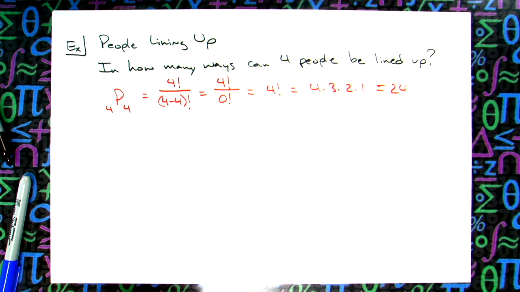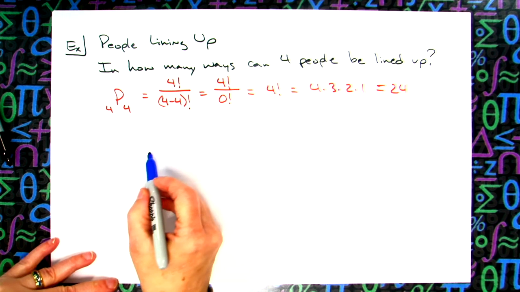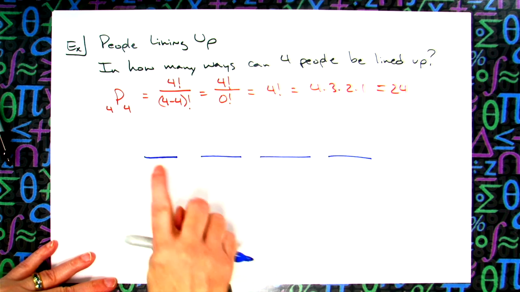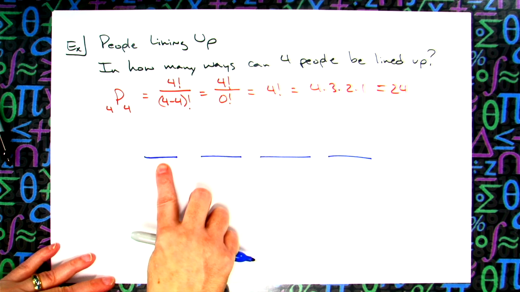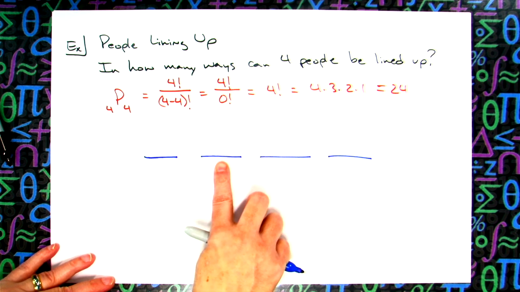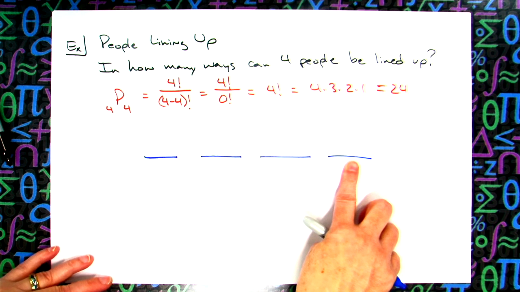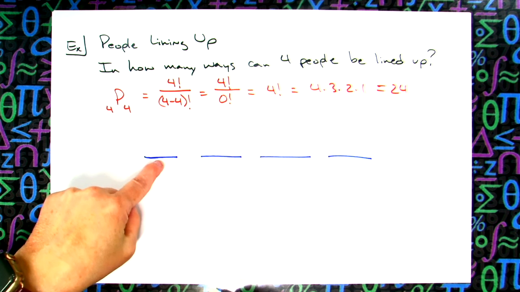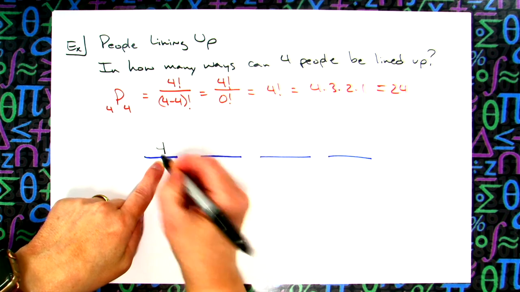Now, the way I was doing things on Monday, just as an alternate way to look at this. 4 spots. This is the first person in line. This is the second person in line. This is the third person in line. This is the fourth person in line. If I've got 4 people, I got 4 options that could line up here and be in that first slot. Okay?